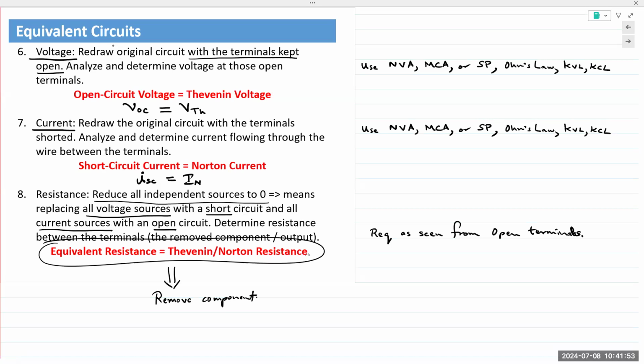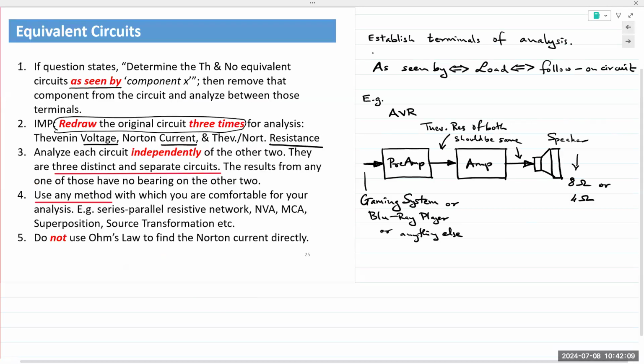If there are no sources in the circuit, how would you obtain a voltage or a current, right? So all the sources should be back in the circuit for Thevenin voltage and Norton current, and you analyze it between the open pair of terminals from step 1. Okay.